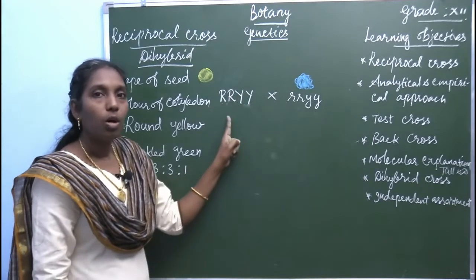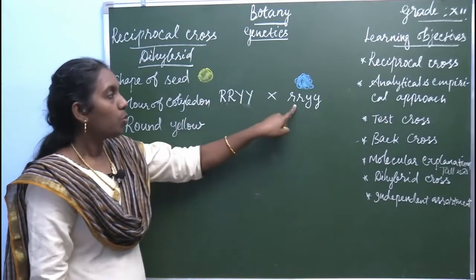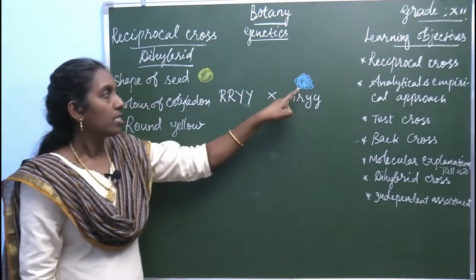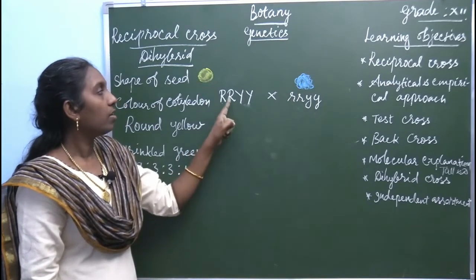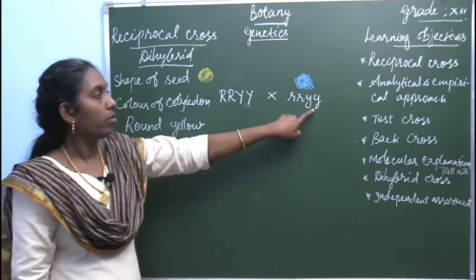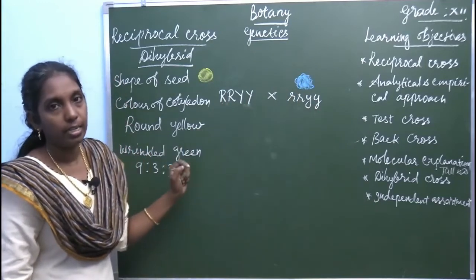The capital R represents the shape of the seed, round. Small r represents the shape of the seed, wrinkled, and capital Y represents the color of the cotyledon, yellow. Yellow is dominant over green. Small y represents the green color.